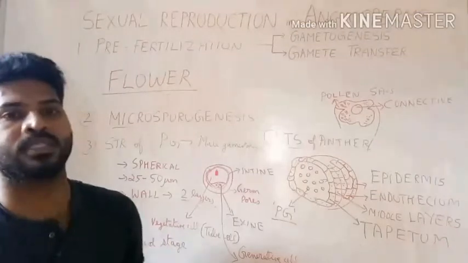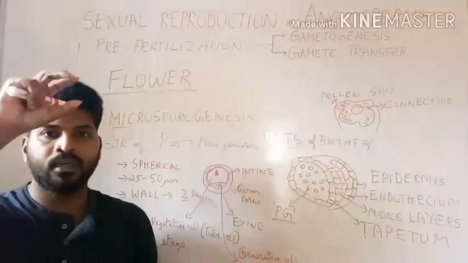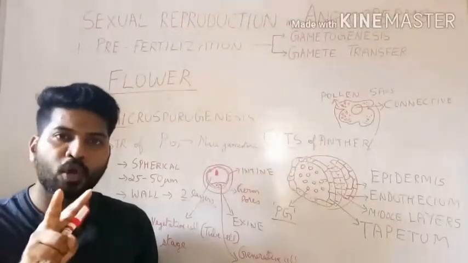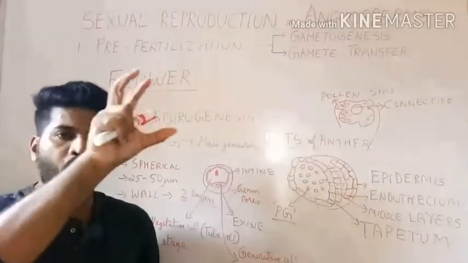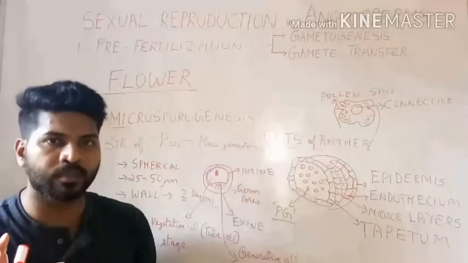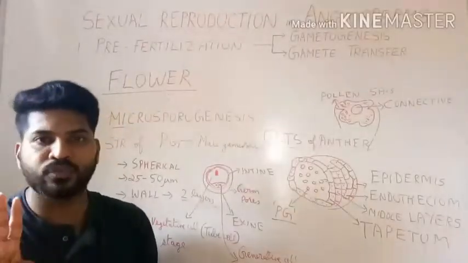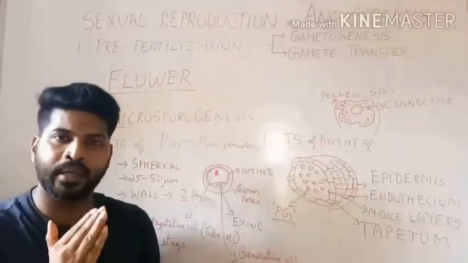To quickly summarize, stamens contain filament and anther. Anthers contain two lobes. In each lobe there are two theca, and in each theca there are two sac-like structures called microsporangium. The microsporangium or the anther has four walls: epidermis, endothecium, middle layers, and tapetum.